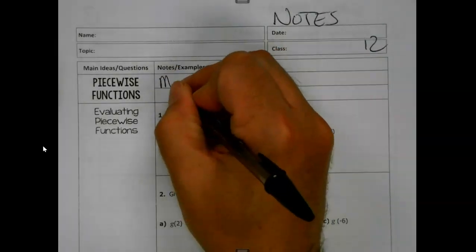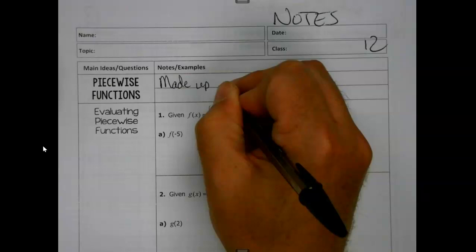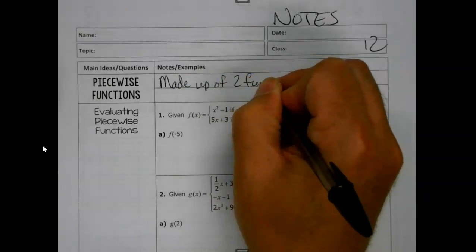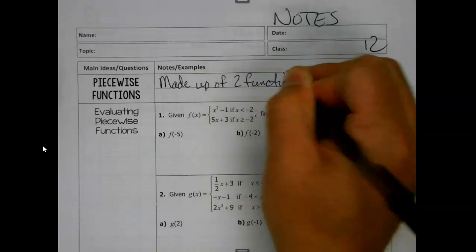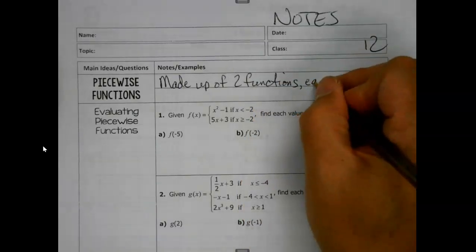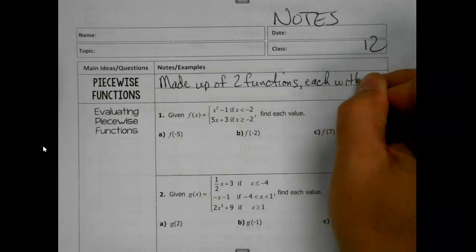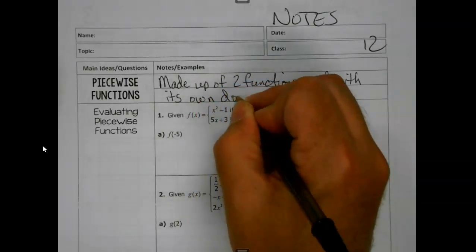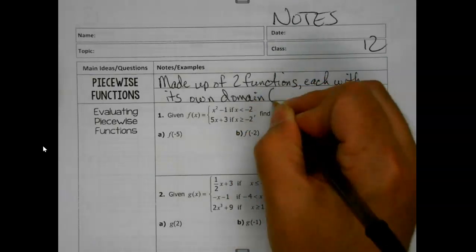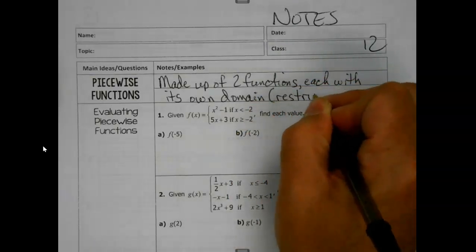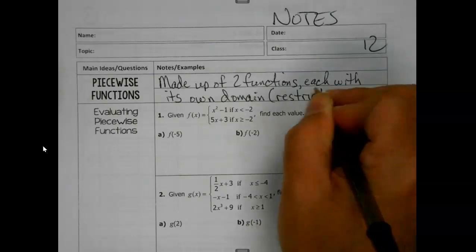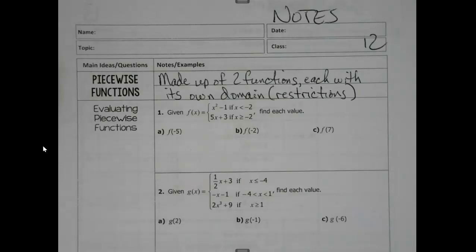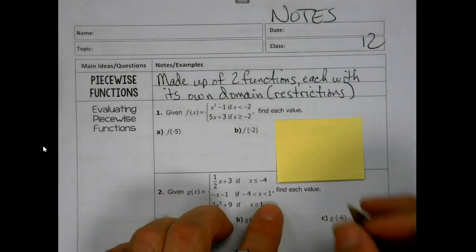So, this is going to be made up of two functions, each with its own, now let me explain this a little better, its own domain, but I'm going to call it restrictions.